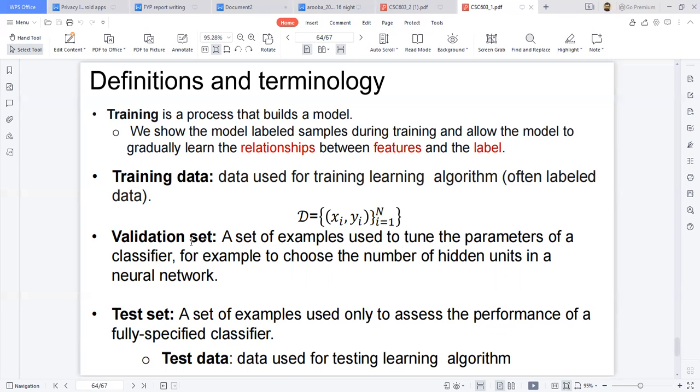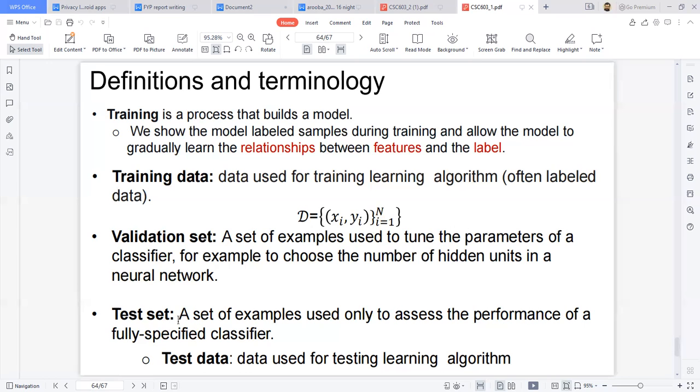Because you haven't learned neural networks, maybe it will be difficult, but you can just say that whatever parameters we have, we tune those parameters by using another set, which is the validation set. So in this case, we divide our dataset into three parts. Previously, we said we normally split the dataset into training and testing. But if we want to tune the parameters, we also have to make a validation set.